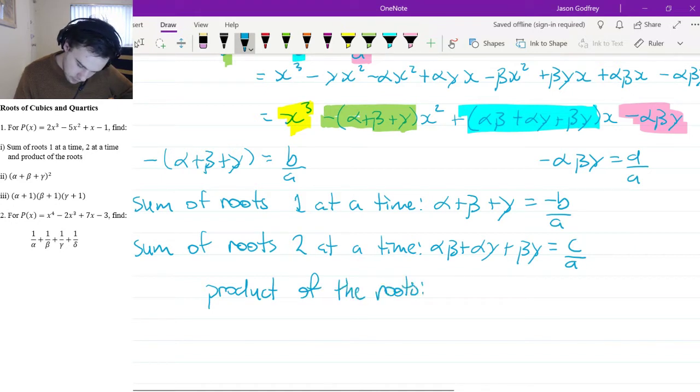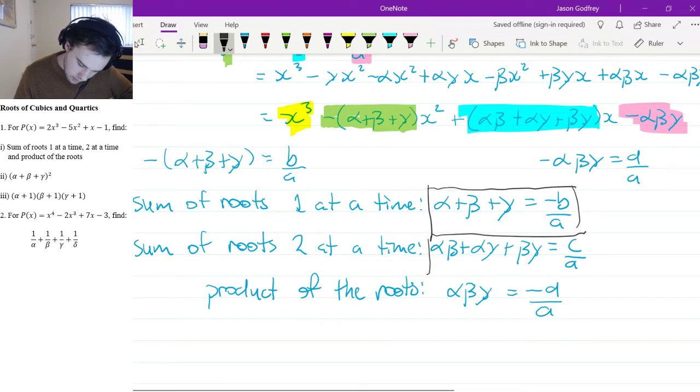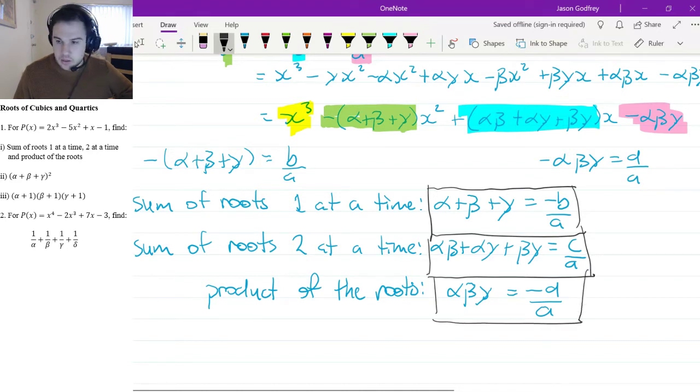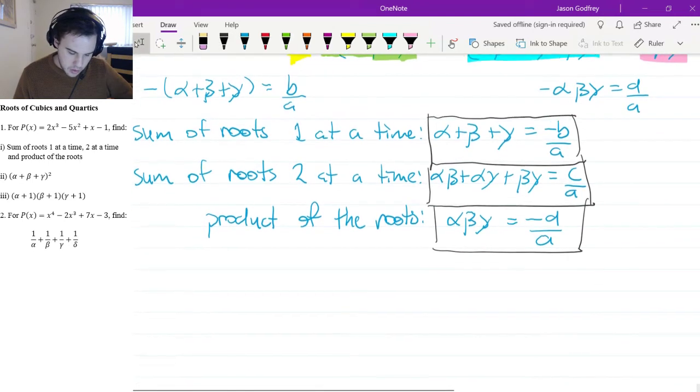The product of the roots alpha beta gamma is negative d on a. So the sum of the roots one at a time, two at a time, and the product of roots, this is for a cubic equation where the highest power is 3.